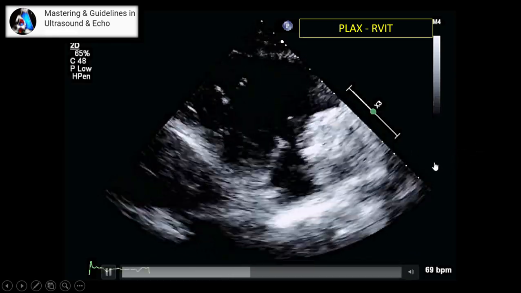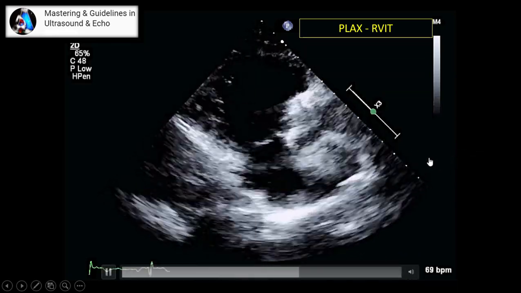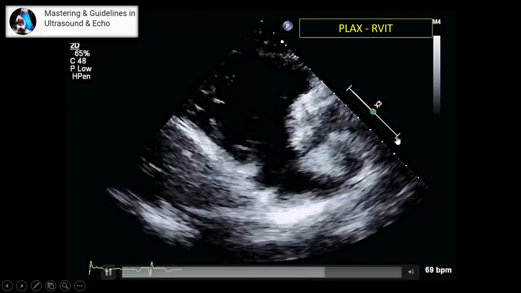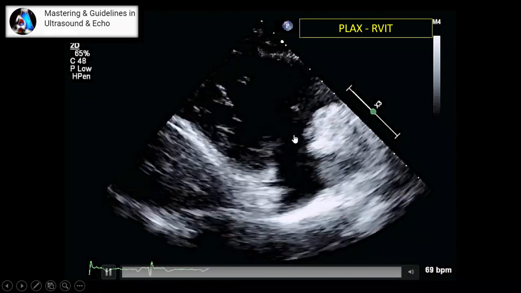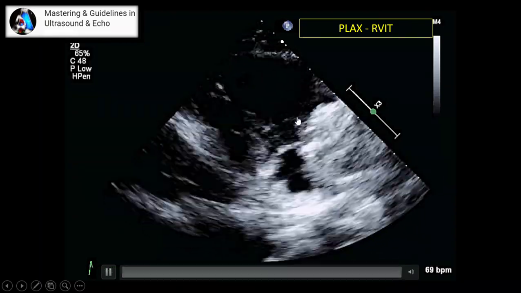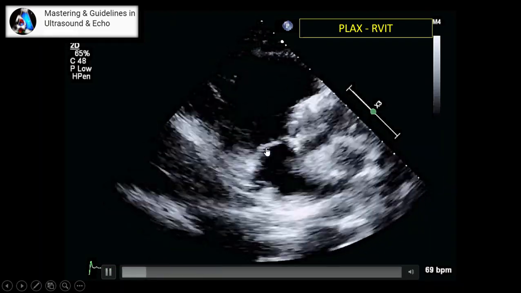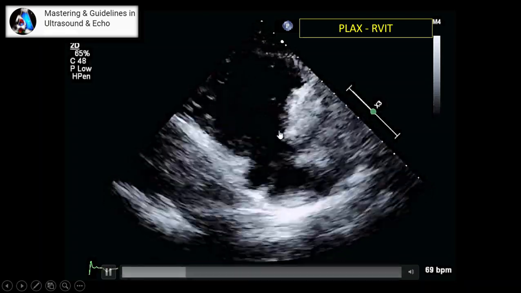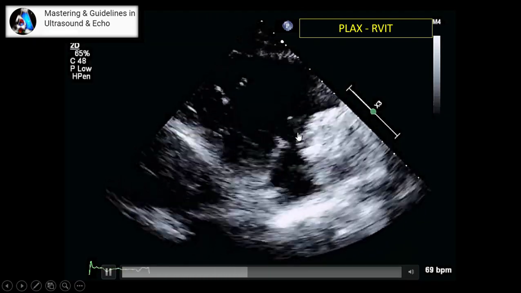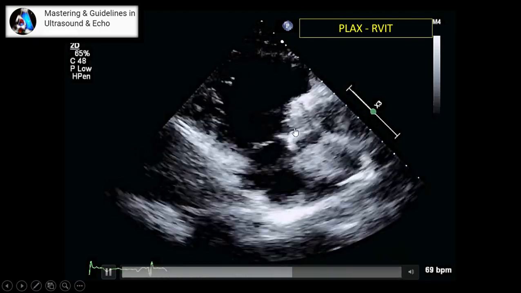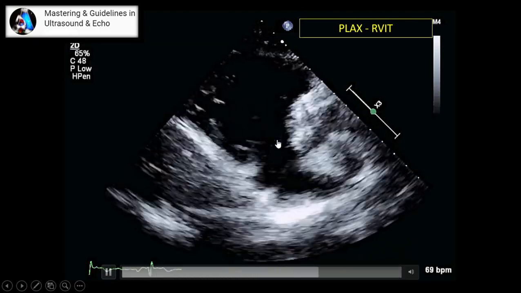Depending on the position and body habitus of the patient, you have to be flexible and see which one works for getting a good image. Sometimes even if you don't see both the anterior and posterior tricuspid valve leaflets very clearly, just twist a little counterclockwise or clockwise. You will notice the tricuspid valve more clearly very easily.